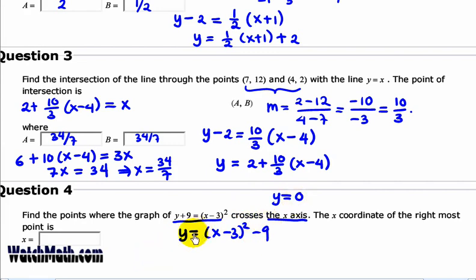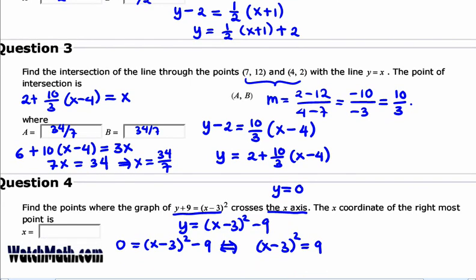When we equate these two equations, we have 0 equals (x minus 3) squared minus 9, which is equivalent to, if you add 9 to both sides, (x minus 3) squared is equal to 9.